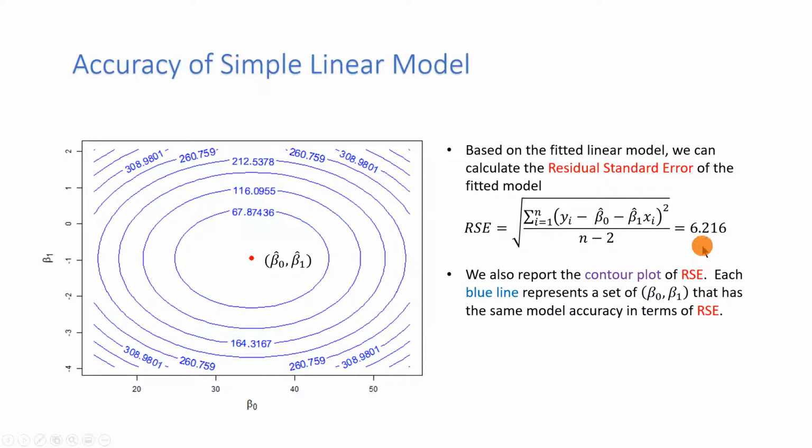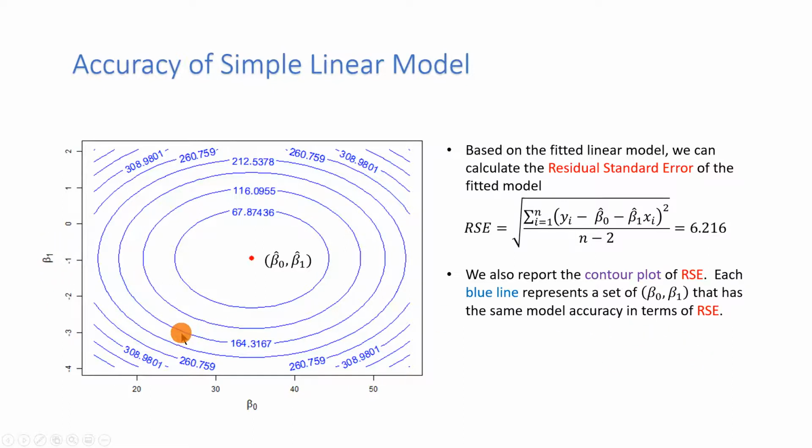Okay. And we can also assess how well we estimate these two parameters, beta 0 hat and beta 1 hat, by plotting this contour plot of residual standard error, right? In this two-dimensional plot, we use the x-axis to denote the value of beta 0 hat and the y-axis to denote the value of beta 1 hat, right?